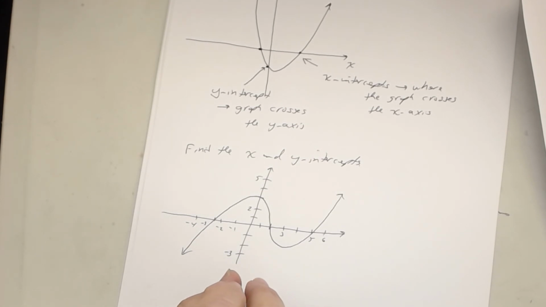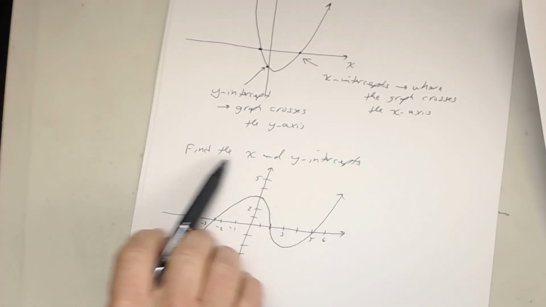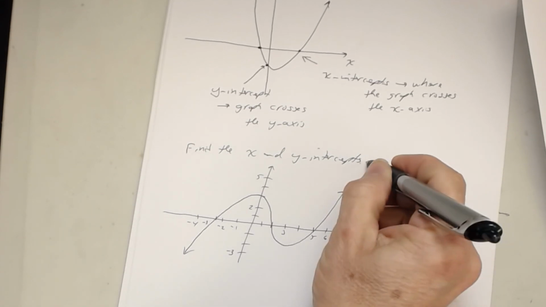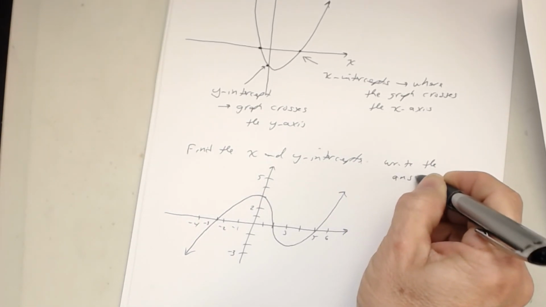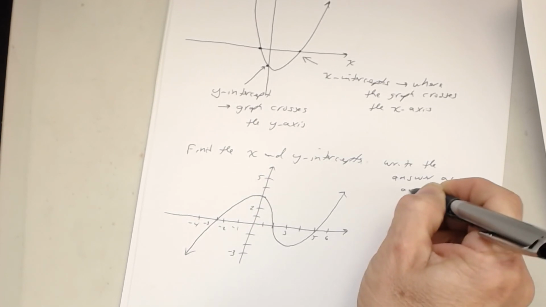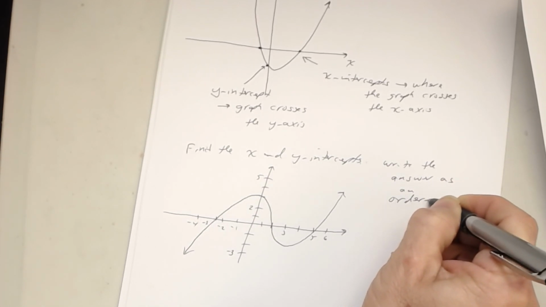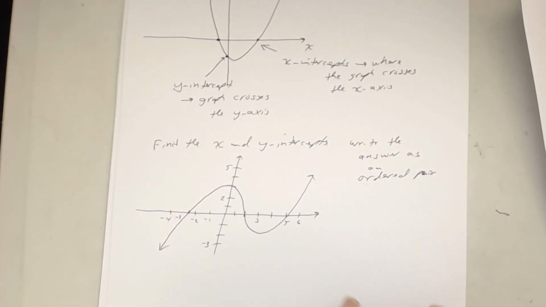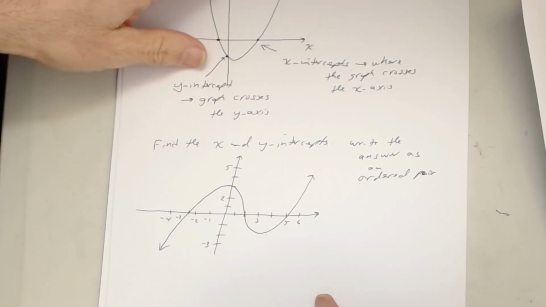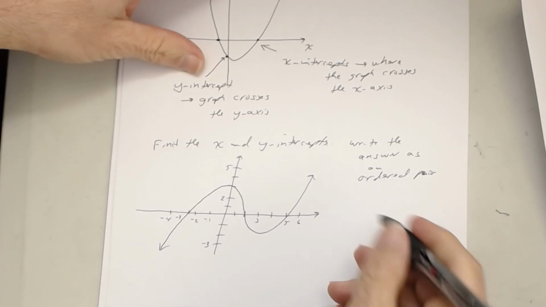But here's what's going to get you. Find the X and Y-intercepts. Write the answer as an ordered pair. Okay? Write the answer as an ordered pair. So the way it's going to look on the worksheet is this.